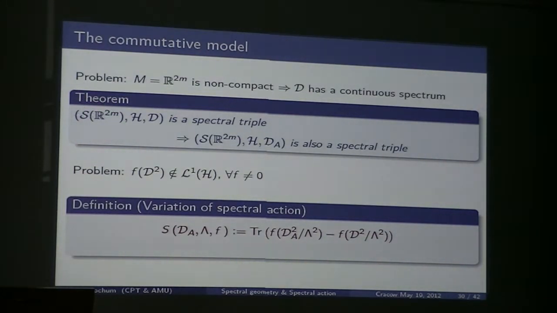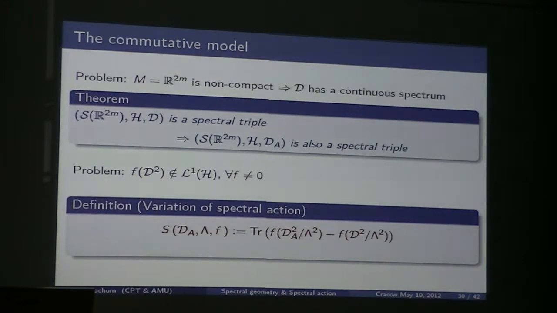So we choose the Schwartz functions on this hyperplane, same Dirac operator, and the first thing is to prove that you already have a spectral triple. You can do that. And then, when you have a spectral triple, it's almost immediate: you can show that when you change the operator D, you also have another spectral triple.